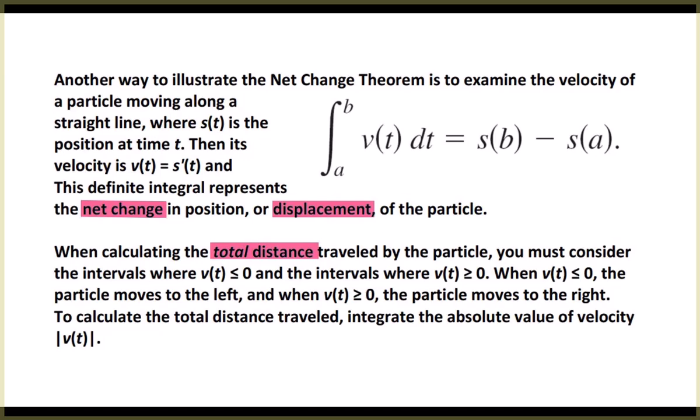So we've got a velocity problem here. S of t is the position function. If we get the derivative of that, we've got a velocity, right? We've seen that before. So they're assuming that we have gotten the derivative of S of t.